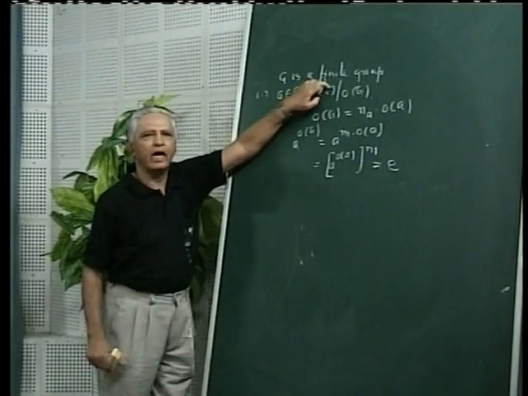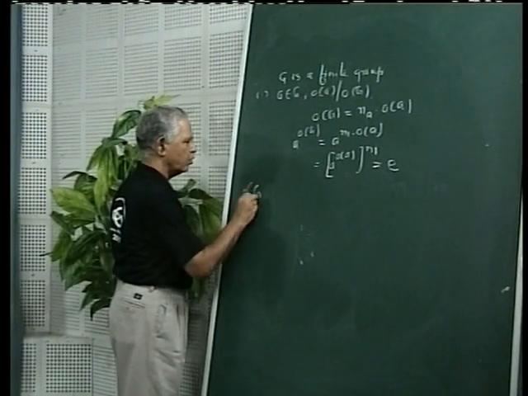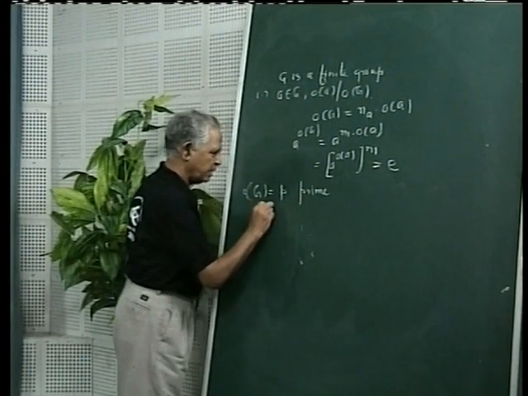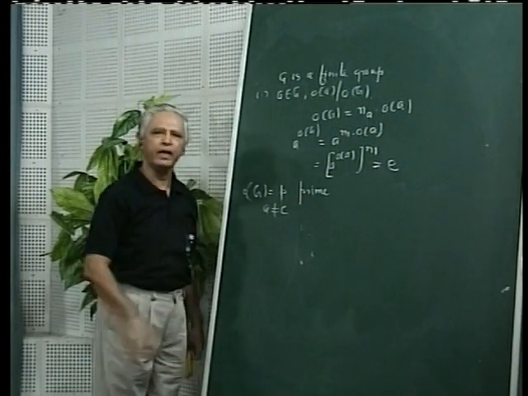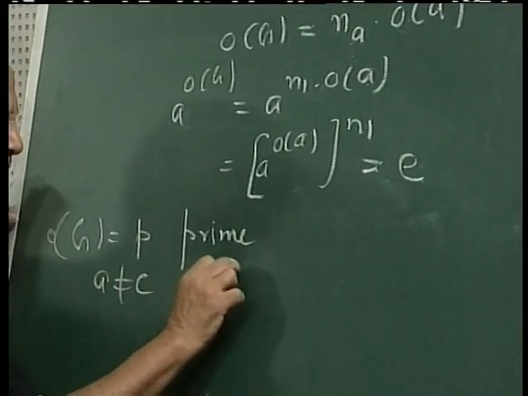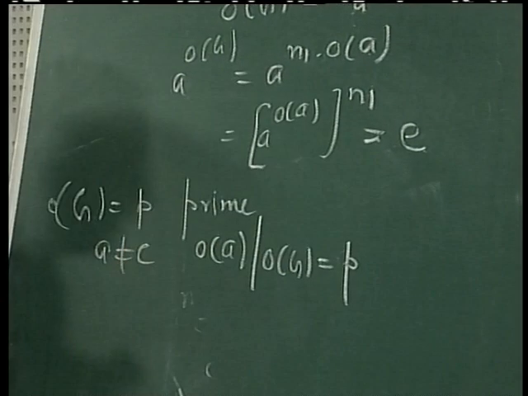Another result which we can derive from here is that suppose the order of the group G is P, prime, and suppose A is an element different from E. What we get then here? That order of A divides order of G, that is equal to P, the prime.